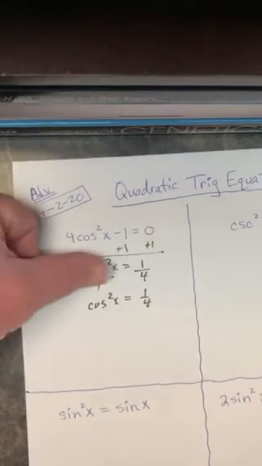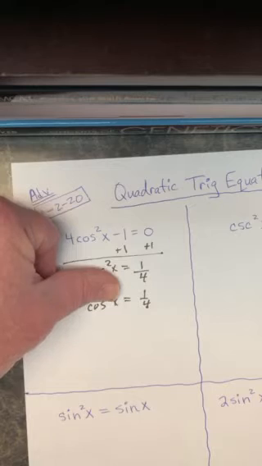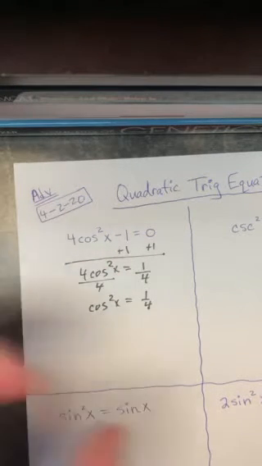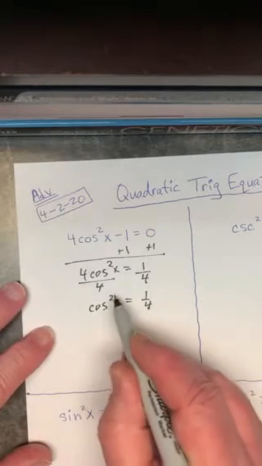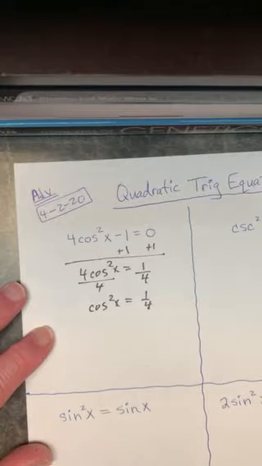Now, if the squared wasn't there, I would have successfully gotten the word cosine by itself, agreed? Oh, but it says cosine squared of x. That really means cosine x times another cosine of x. So to make the squared disappear, like any other quadratic equation, the opposite of squaring is square rooting.